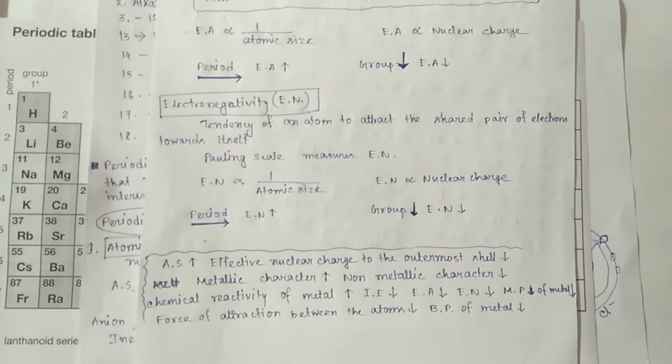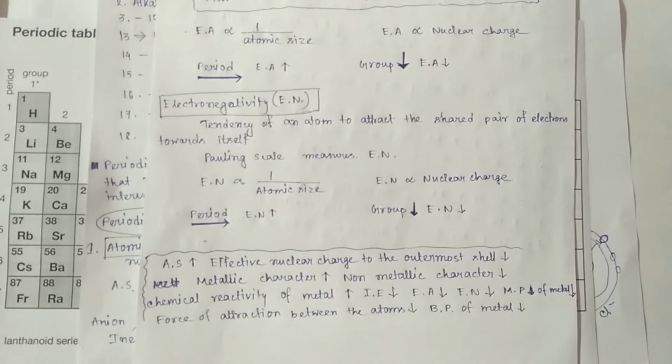If we increase the nuclear charge, the nuclear pull of attraction at the outermost shell increases, and thus the tendency to attract a shared pair of electrons will increase, because it has more effective nuclear charge and more nuclear pull of attraction.